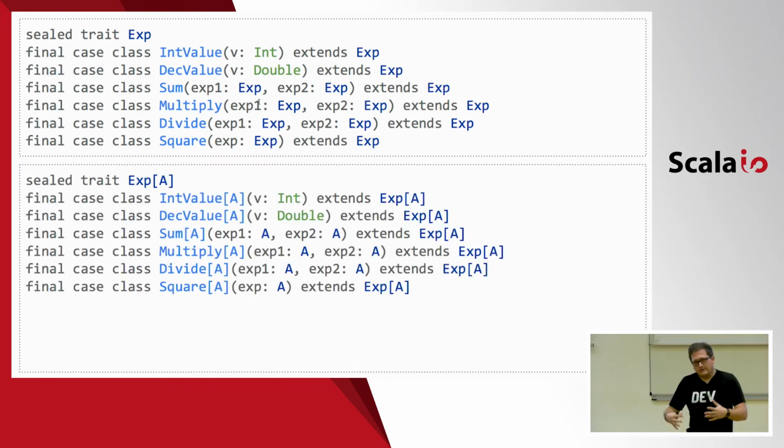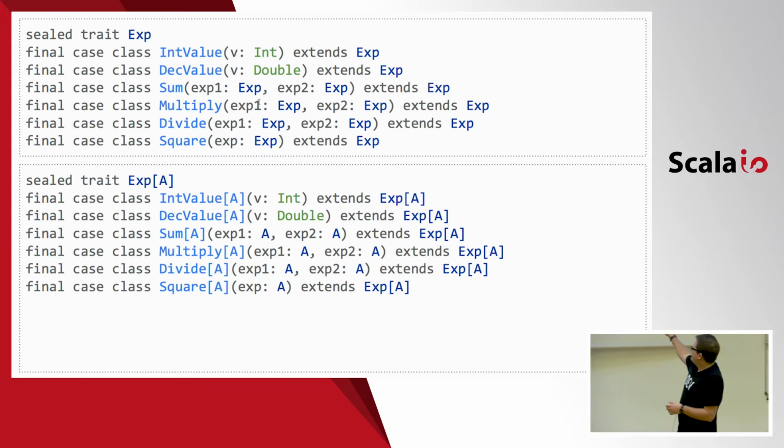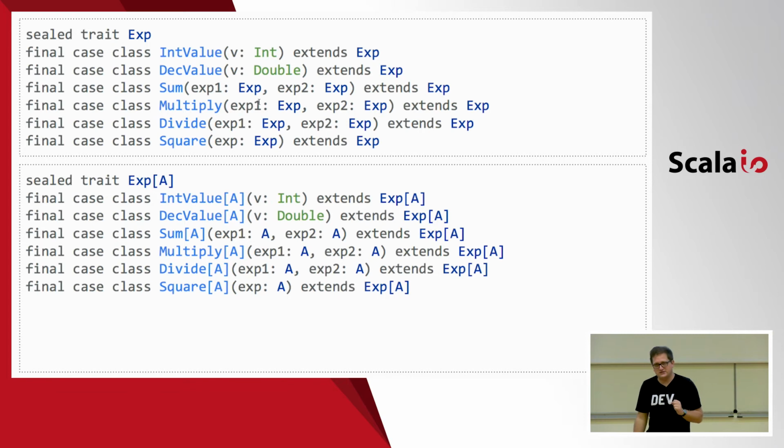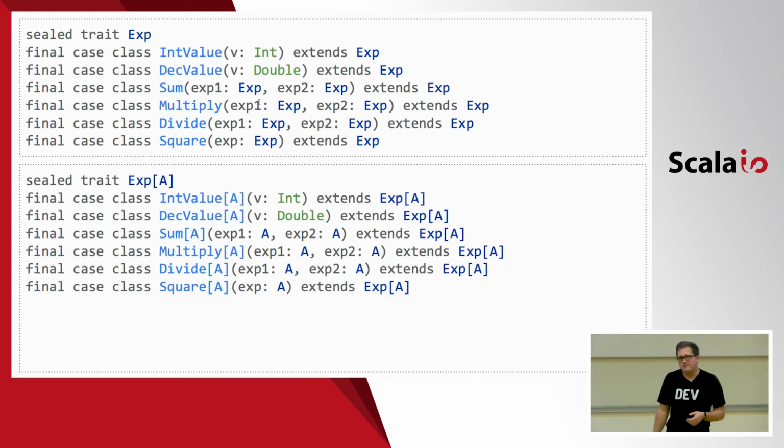I would have to leverage the parametricity I can have within our language. So now expression in this new form, if we take, for example, multiplication, it no longer has two expressions, it has two a's, whatever those a's are. Those might be strings, those might be doubles, whatever you will choose when you create examples like that.